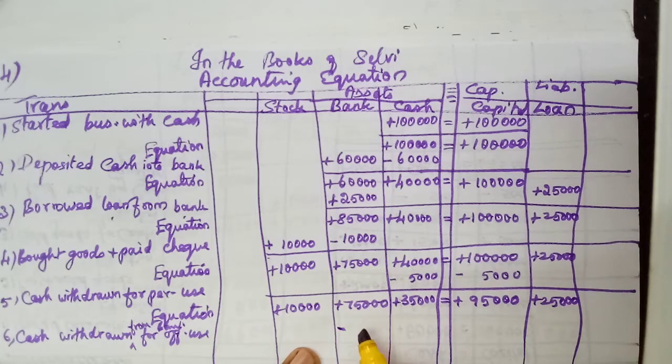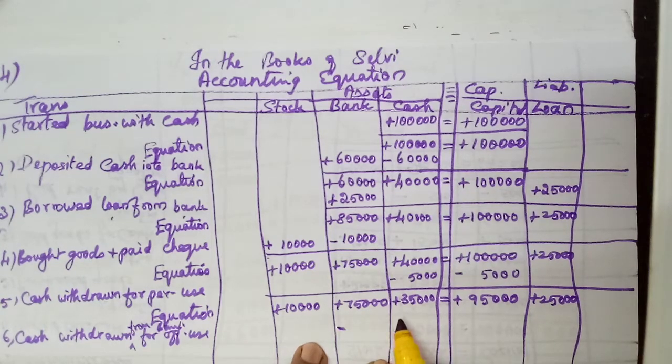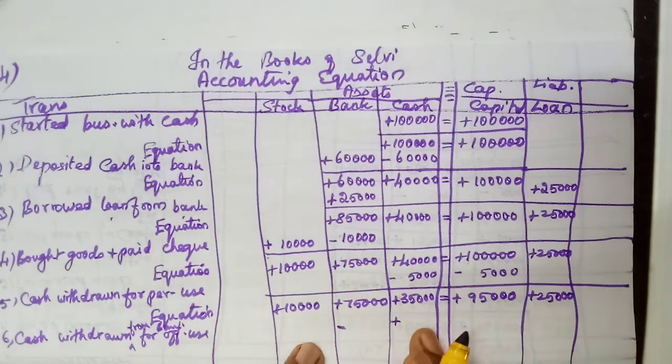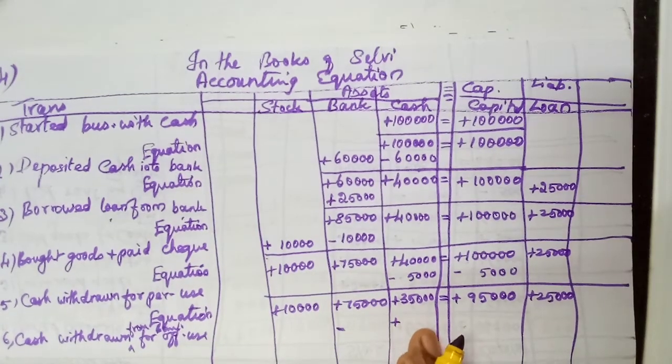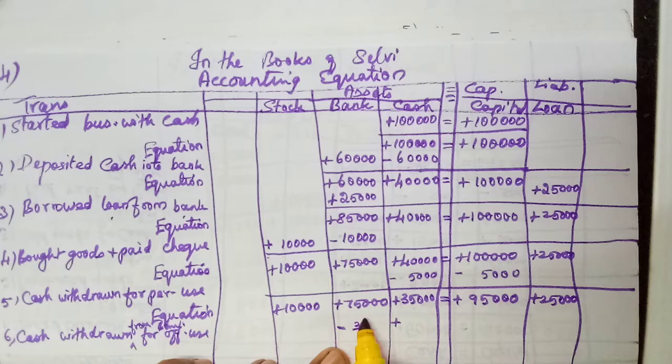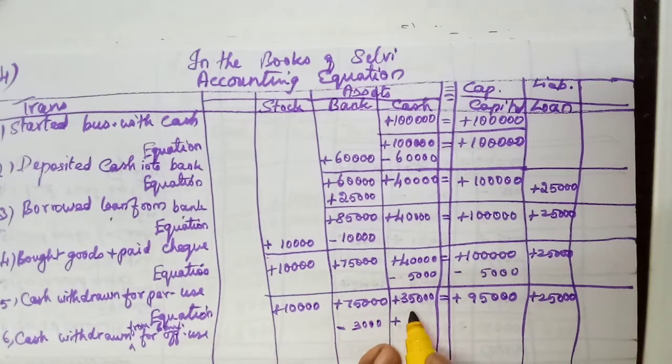Then this is for office use, so they will bring that cash into the office, so it will increase the cash. Amount is 3,000, so write the amount 3,000, here also 3,000.